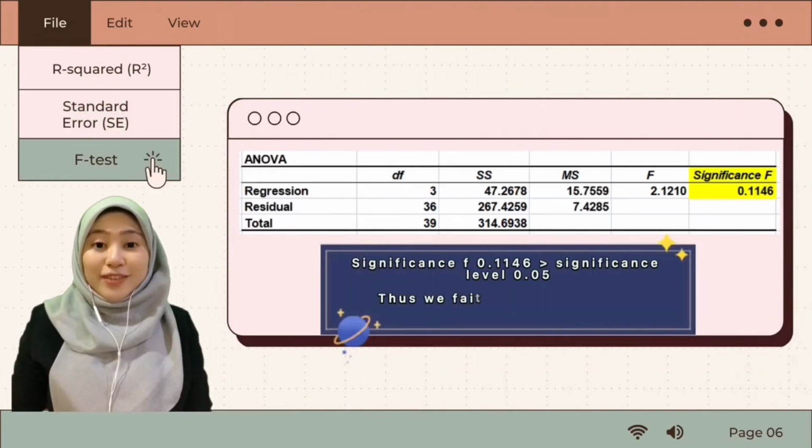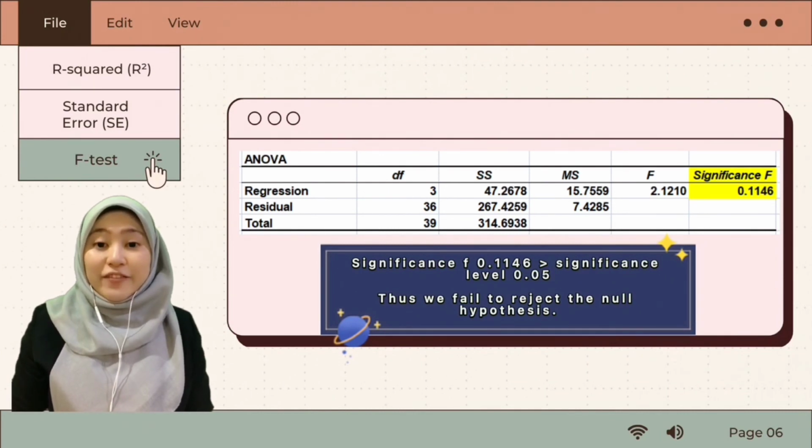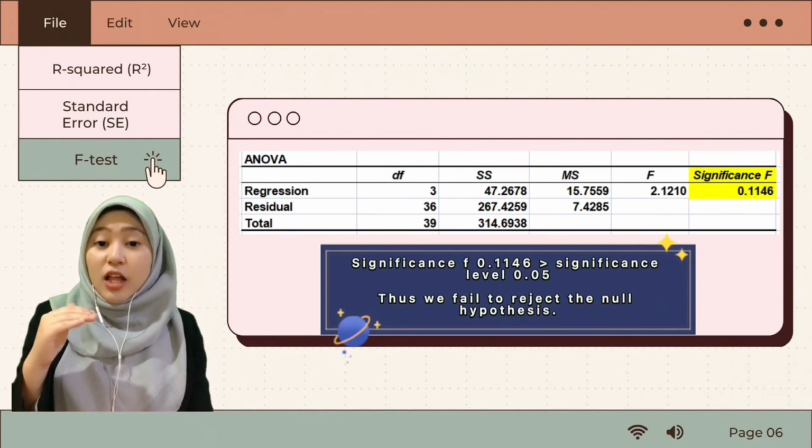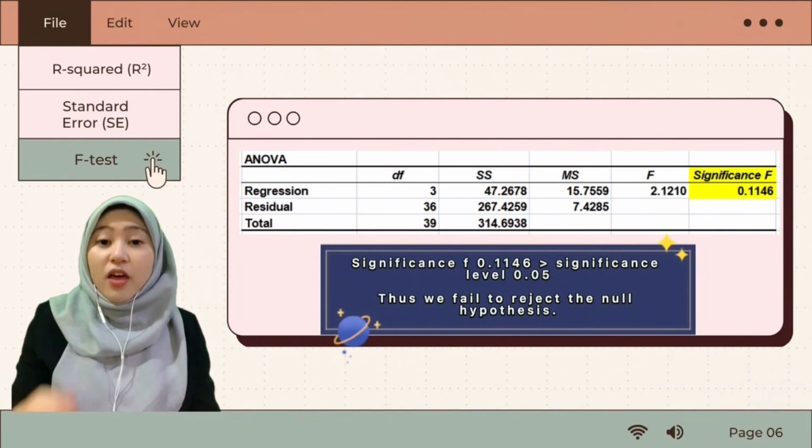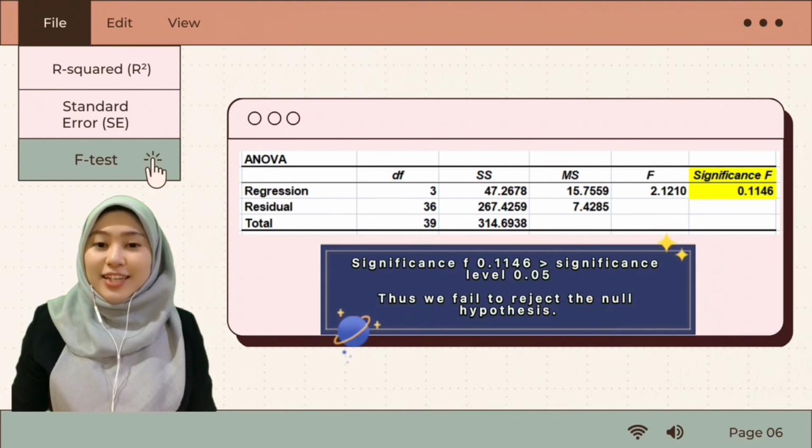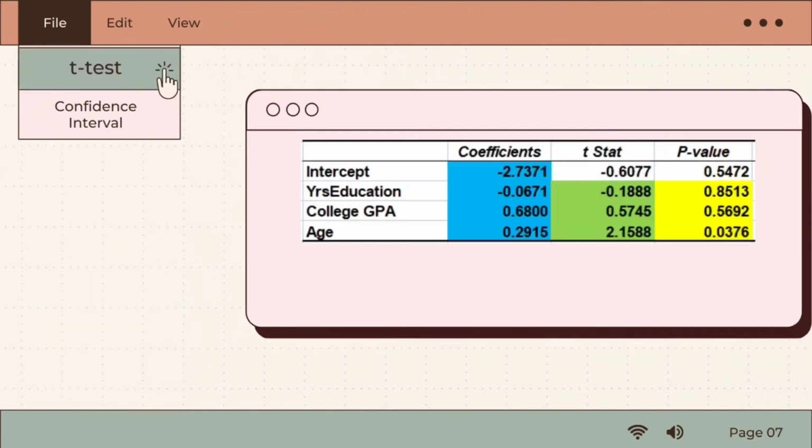Furthermore, the F test, based on the value of significance F, is 0.1146, which is more than the significance level 0.05. Thus, we fail to reject the null hypothesis.